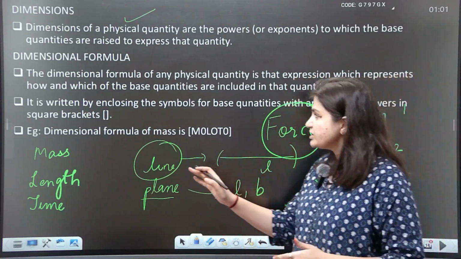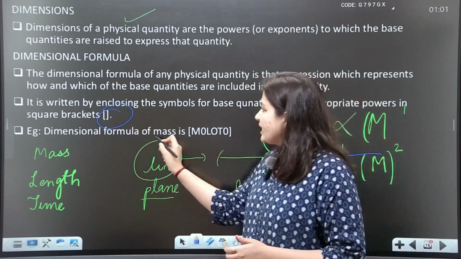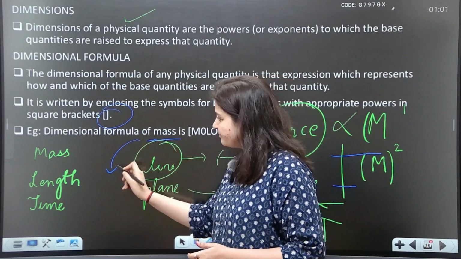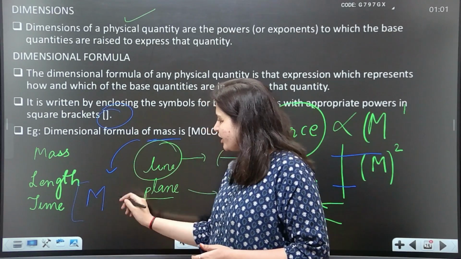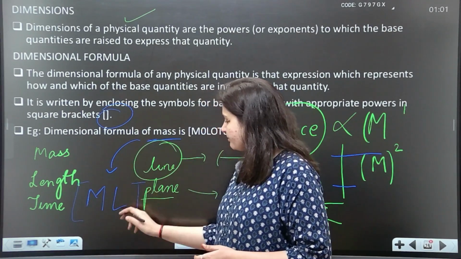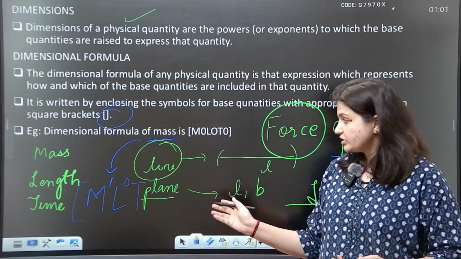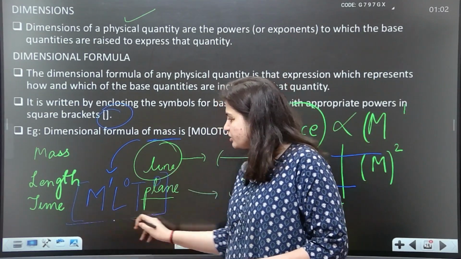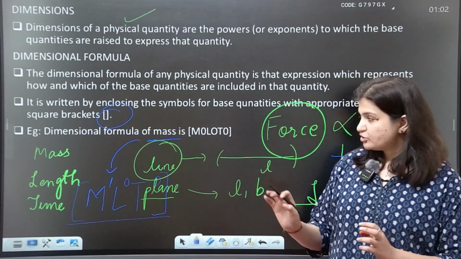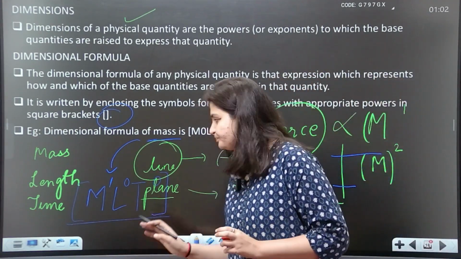It is written using square brackets. For example, the dimension formula for mass is [M L T]: M to the power 1, it is not dependent on length so L to the power 0, and it is not dependent on time so T to the power 0. So M to the power 1, L to the power 0, T to the power 0.